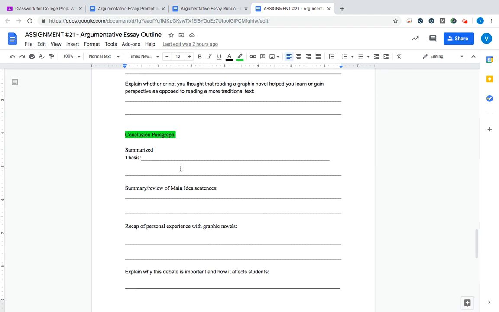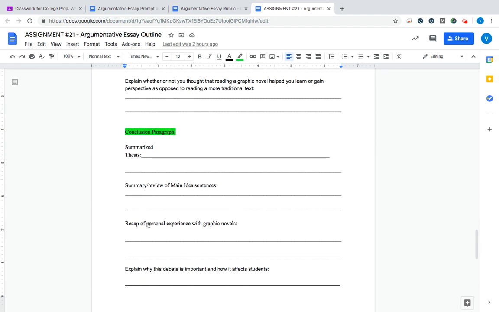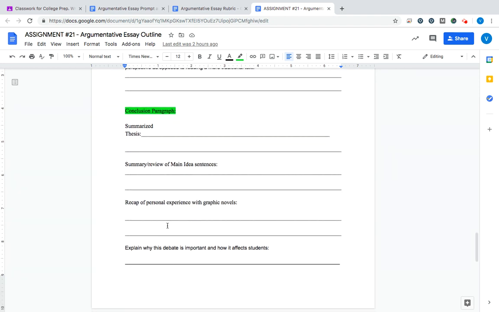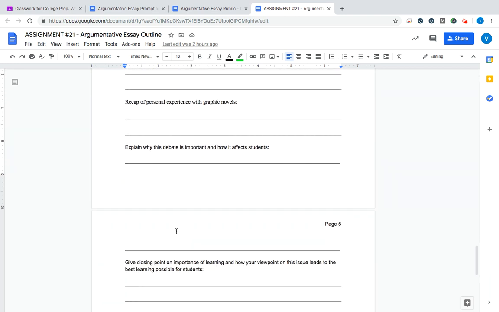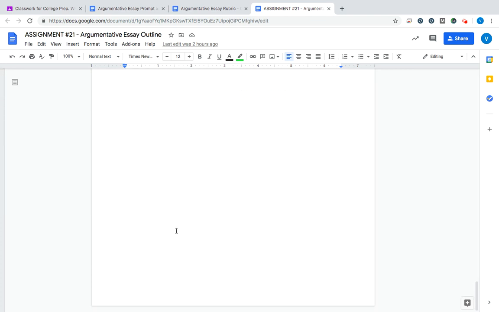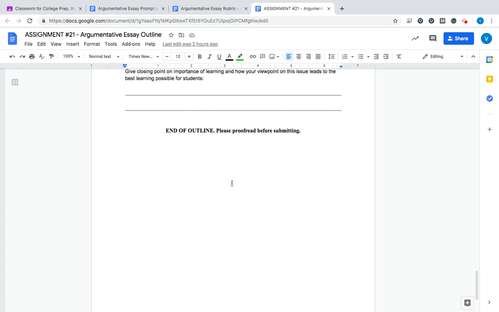And then our conclusion paragraph, summarizing our thesis, our main ideas, recapping our personal experience, and explaining why this is important and how your decision is going to best affect students in general. All right. Obviously, proofreading would be a good final step for that, but that is a gist of what to expect and what will be going on for this assignment.